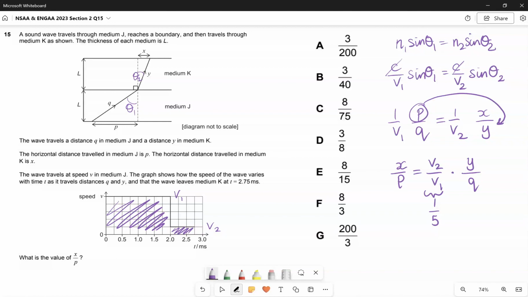So the first one is 2 times v1, so 2 times v1 would be on the bottom. And the top part would be the 2 to 2.75, so that's 0.75 times v2.